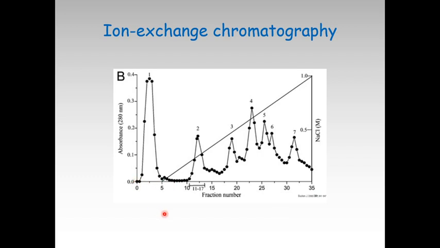I explained here the example of ion exchange chromatography. Now, I need you to familiarize yourselves with how to interpret a size-exclusion chromatography or an affinity chromatography. That's something that I expect from you.